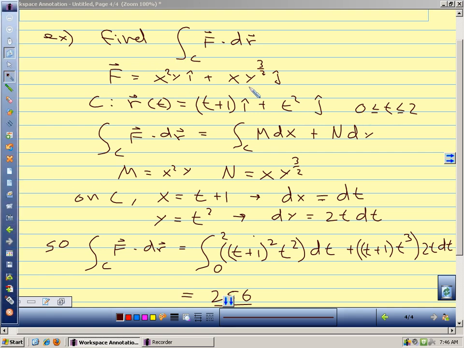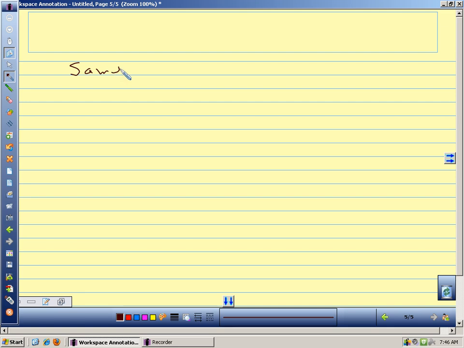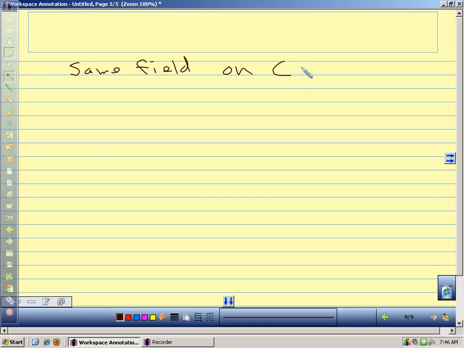So same field on C, which is given by r of t equals (1 plus 2 cosine t)i plus 4 cosine squared t j, and 0 less than or equal to t less than or equal to pi halves.